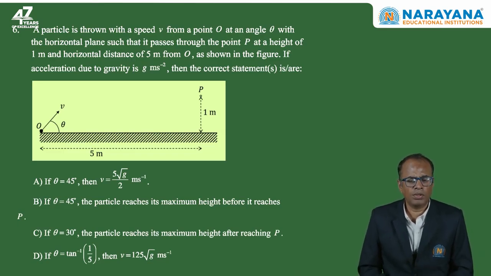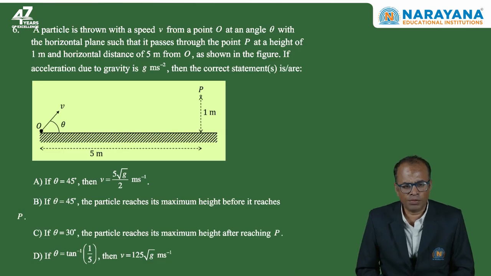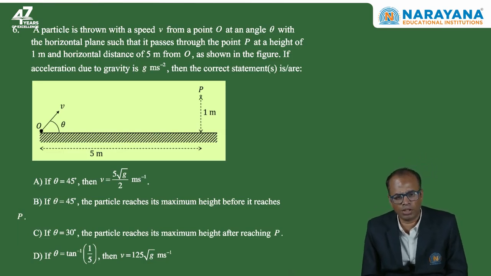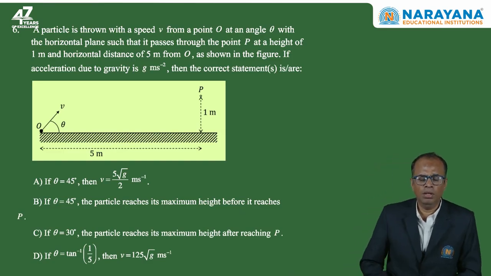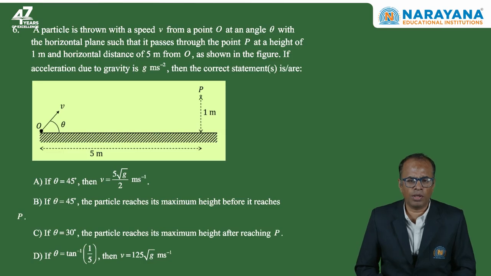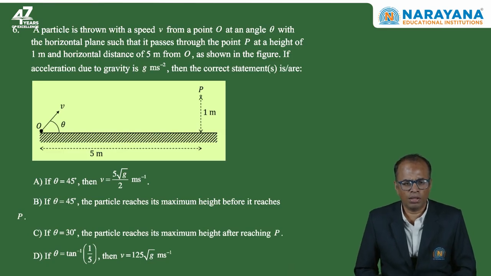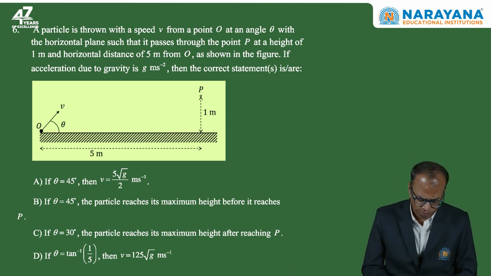Then if theta is 45 degree, the particle reaches its maximum height before it reaches point P. Then if theta is equal to 30 degree, the particle reaches its maximum height after reaching P. So I have to validate whether the point P is beyond the maximum height. That means 5 meter is more than r by 2 or less than r by 2. These are the things I need to test. And also for theta is equal to tan inverse 1 by 5. So again I have to check multiple things.